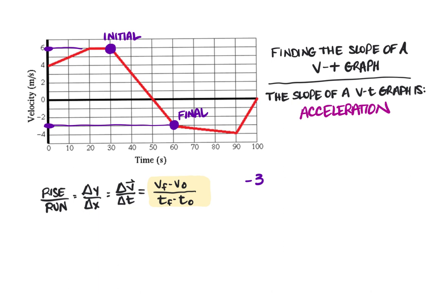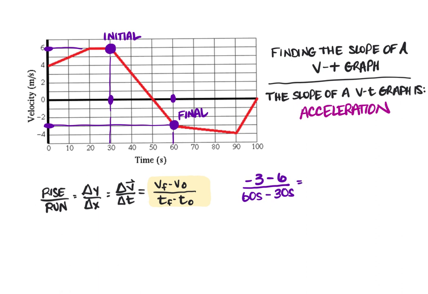So I have v final, which is -3, minus v initial, which is 6, divided by the time, which is 60 seconds, minus 30 seconds. And again, I'm just reading right down off the graph.